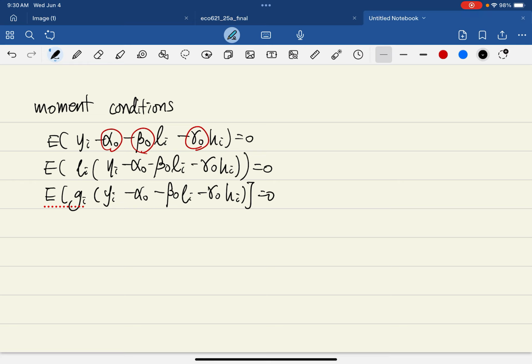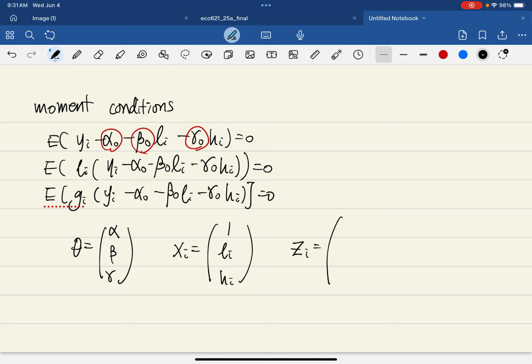Okay, so we use three parameters, and for simplicity, I'm going to define theta as a vector of parameters: alpha, beta, gamma. And let's define x, which is a vector of regressors, and z as instruments: 1, L, gi. Okay, so then it is standard. Here the first one has a hidden constant term. 1 is multiplied because we include intercept.